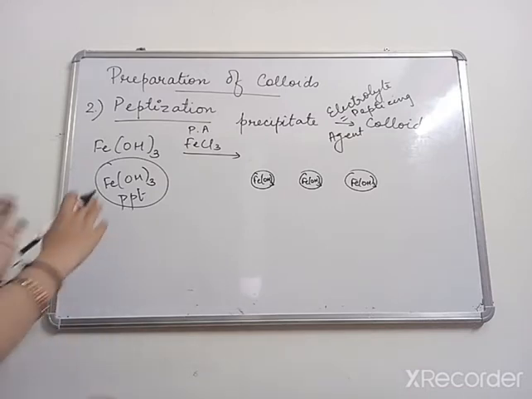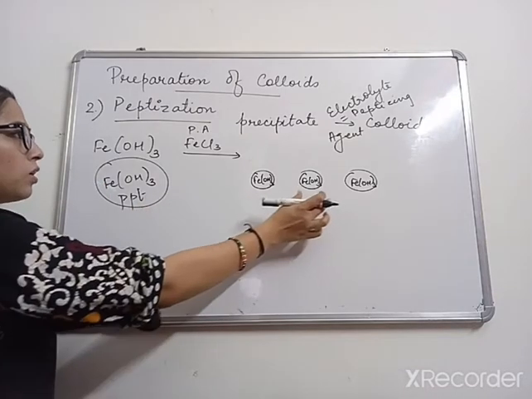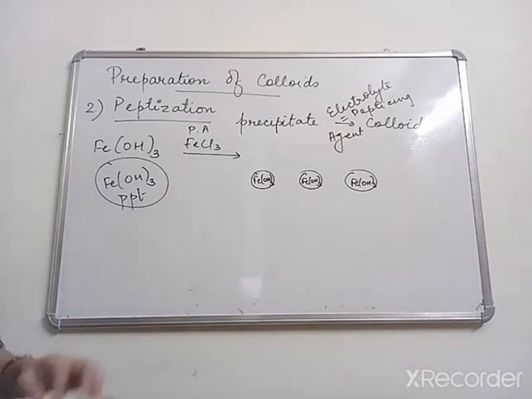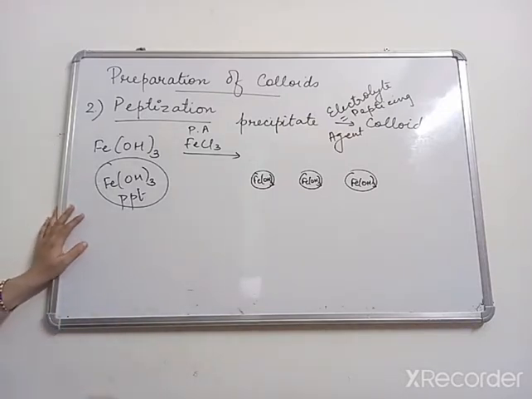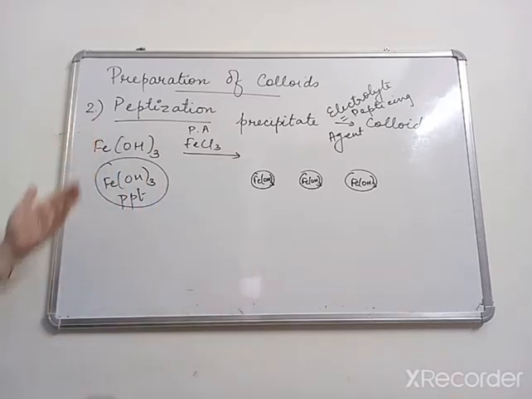So here the reddish brown precipitate changes into small colloidal particles, and the reddish brown colored solution obtained by adding a small amount of ferric chloride to freshly prepared ferric hydroxide is called peptization. This is one of the examples.